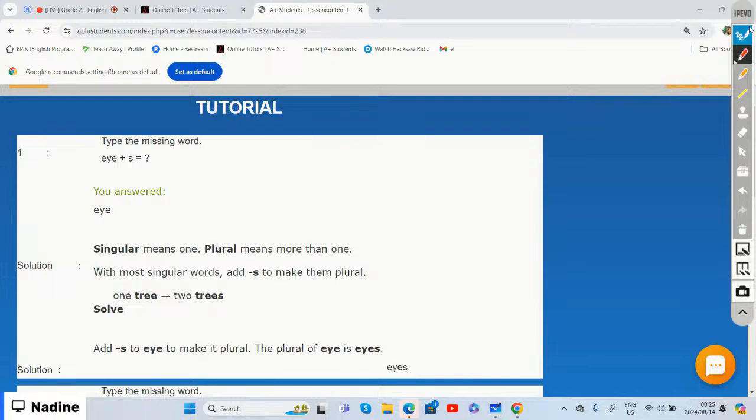If we were to choose the correct one, we would say one eye, but we have two eyes. So if we add an S to that word, then it shows that we have two eyes.